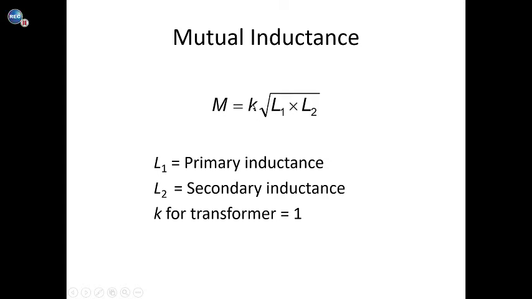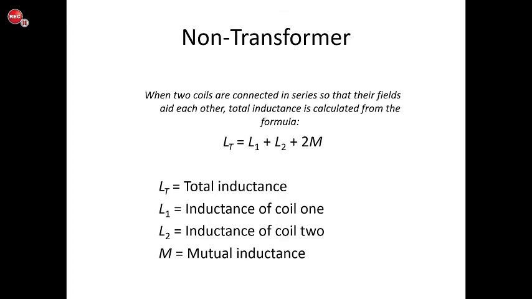So we can calculate mutual inductance if we know the coefficient of coupling and the inductance of each individual winding that makes up the transformer. We find the product of the inductances, take the square root, and then multiply it by the coefficient of coupling. Coefficient of coupling for a transformer is generally assumed to be 1. They're constructed in such a way that we want K to be as high as possible.